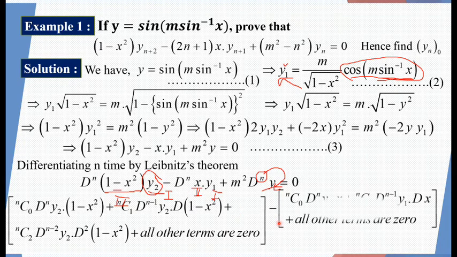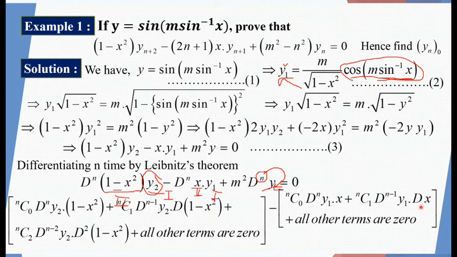Now for the second part, minus, it is outside, so succeeding as it is: nc0, nth derivative of y1 into x, plus nc1, n minus 1th derivative of y1 into first derivative of x.